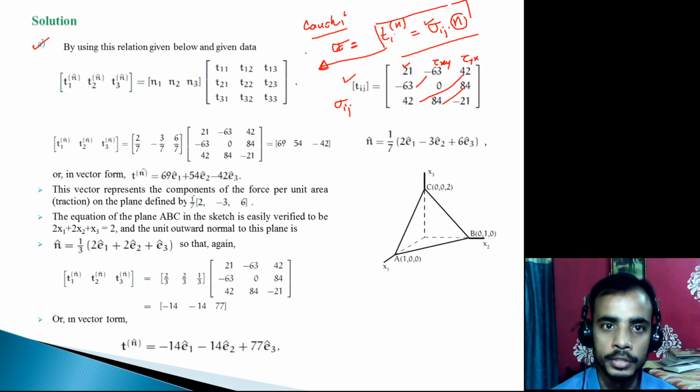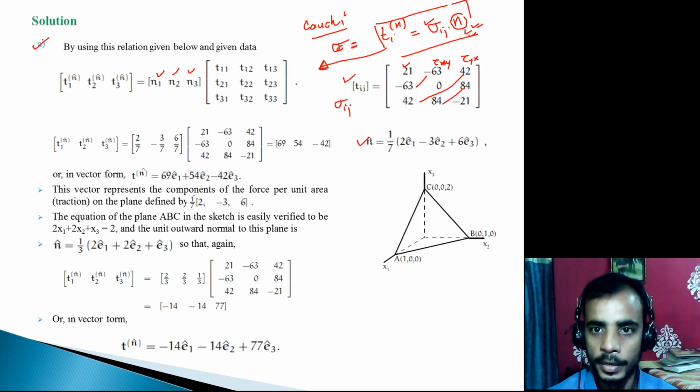Okay, so we can write the matrix representation of this Cauchy stress formula, that is T_1^n, T_2^n, T_3^n, equal to the transpose of n, because the unit normal has 3 components, that is n_1, n_2, n_3, the direction cosines of this unit normal. So this unit normal is given, and n_1, n_2, n_3 are the direction cosines of this n.